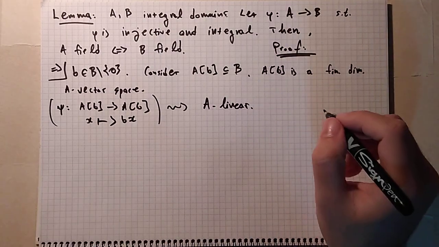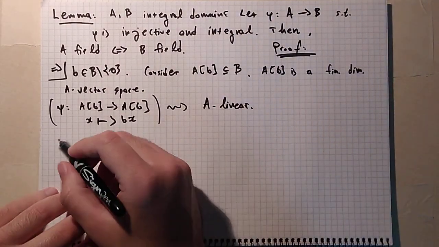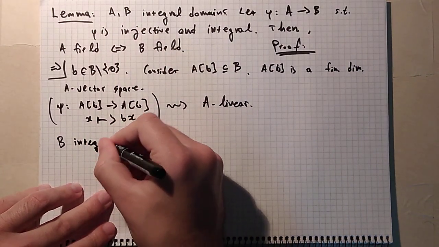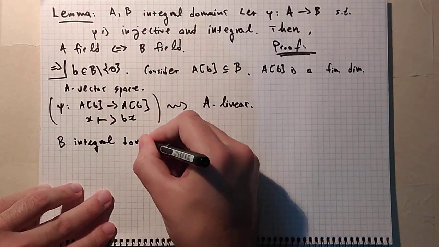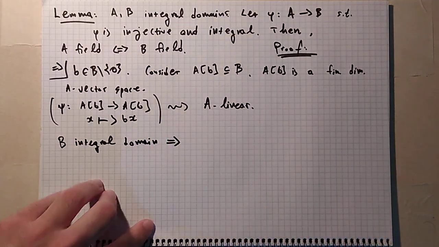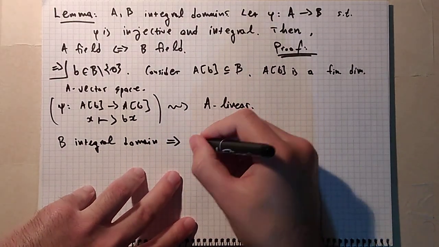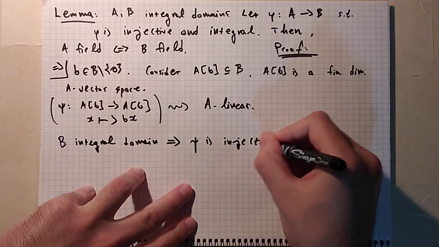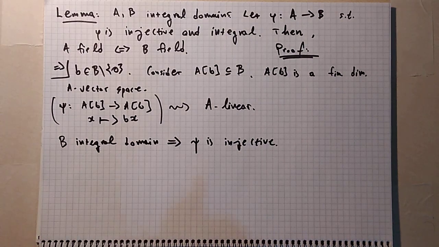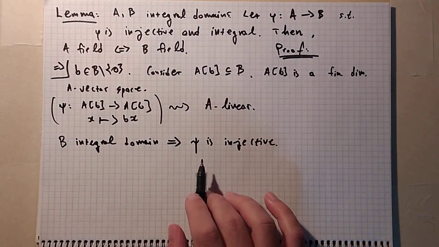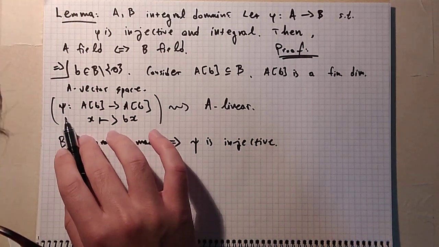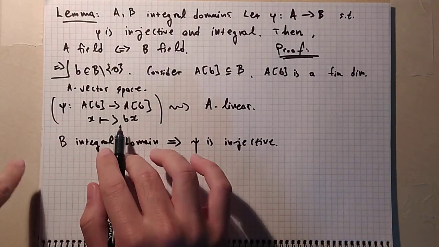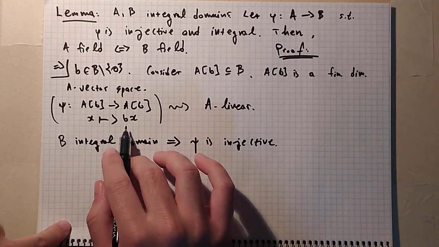And now we have the following simple observation: I assume that B is an integral domain, and now I claim that it's easy to see that this implies that psi is in fact injective. This is really easy to see because if I have an element x living in the kernel of psi, that means that b times x is going to be equal to 0.